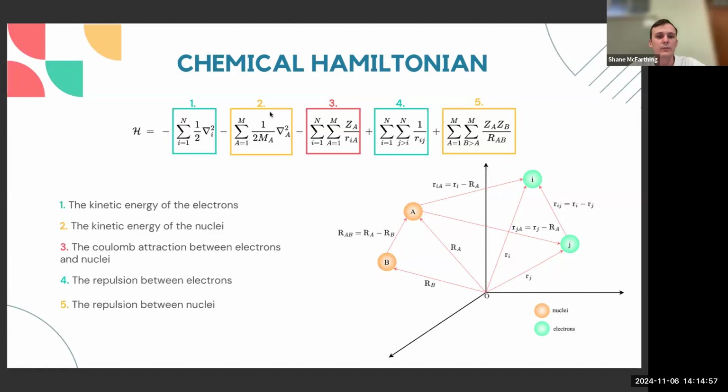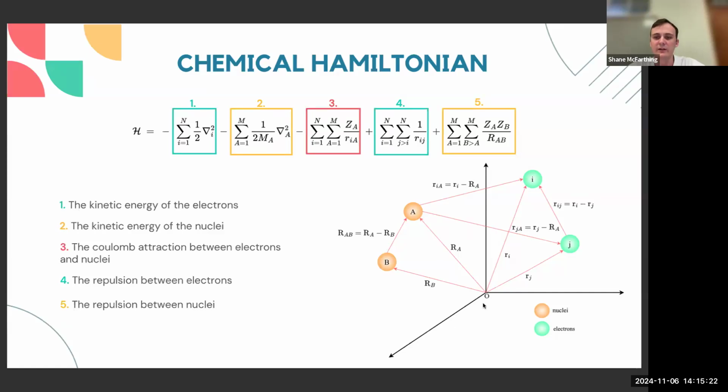The second term is the kinetic energy of the nuclei, and M_A is the ratio of the mass of that atom to the mass of an electron. The third term is the Coulomb attraction between the electrons and the nuclei. The fourth term here is the repulsion between the electrons, and then we have the repulsion between the nuclei.